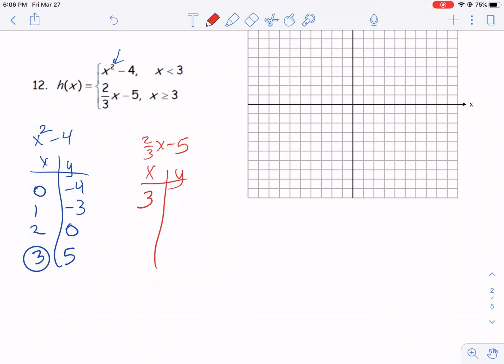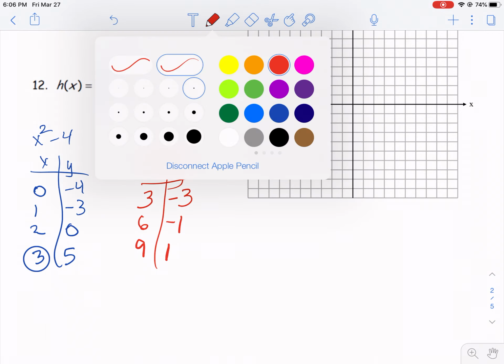We really don't like graphing nasty decimals. 0.5s are fine. So instead of going 3, 4, 5, 6, because those are the numbers bigger than 3, I'm just going to write down numbers bigger than 3 that have a nice point to plot. So 6 has a negative 1. That's a nice number. Probably should get another one. 9 has a nice number of 1. So I'm not going to bother with the decimals. I'm just going to graph the nice ones.